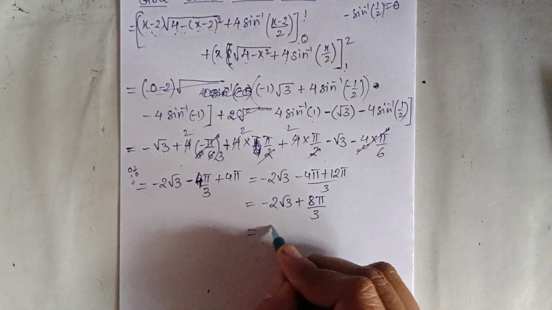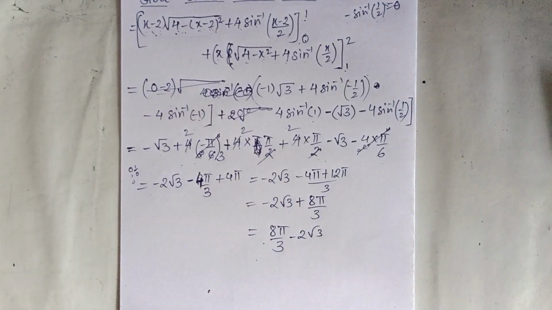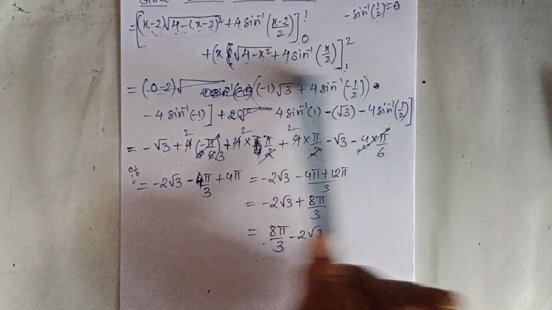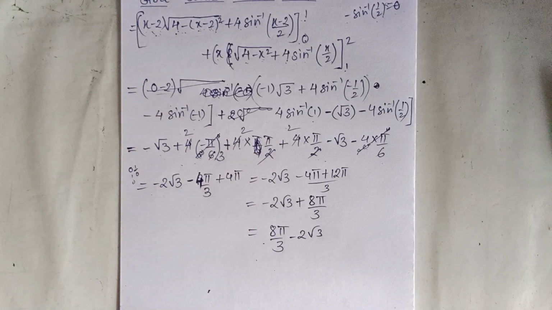Okay, so this is the solution: 8 pi by 3 minus 2 root 3. Practice this question many times, okay, so that you will get used to this. Most of the confusion occurs in this part, that is when you put the limit values. That time you should be careful while solving it.